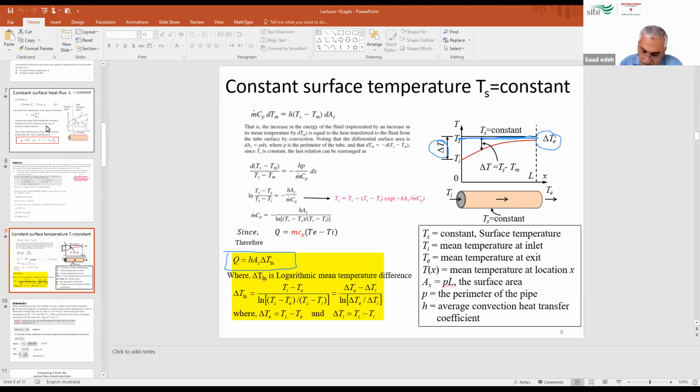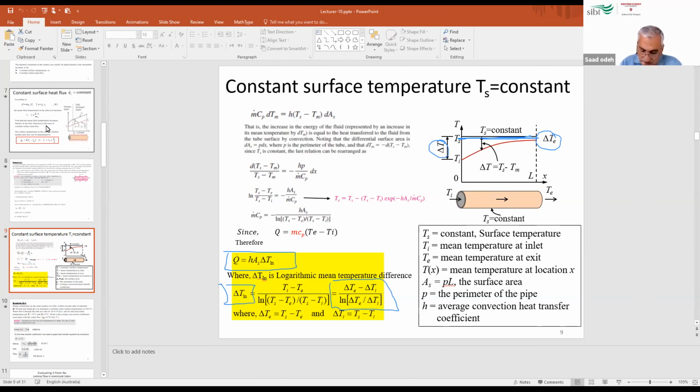And we have to follow this formula in order to find the delta T ln, or delta T logarithmic mean temperature difference. As you can see here, this is the final form of the equation: delta Te minus delta Ti divided by ln of delta Te divided by delta Ti.